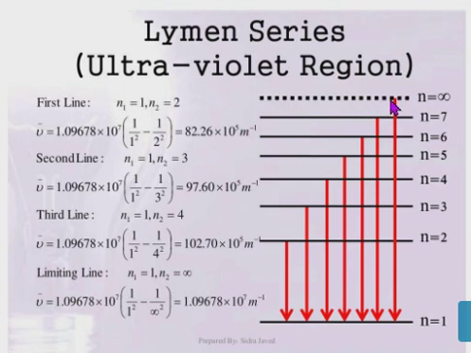You might be at n equal to infinity, 7, 6, or 5, and when you come to the ground state, n equal to 1, it is called the Lyman series.